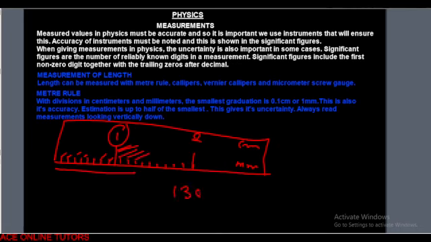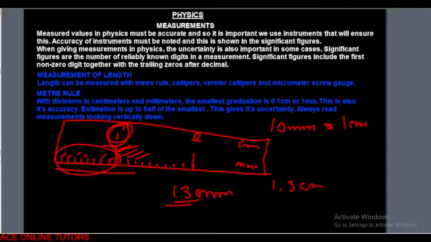So it is 13 millimeters. Now 13 millimeters is actually 1.3 centimeters. Is it not? Just divide this by 10. That's how you convert from millimeters to centimeters, because 10 millimeters make 1 centimeter.